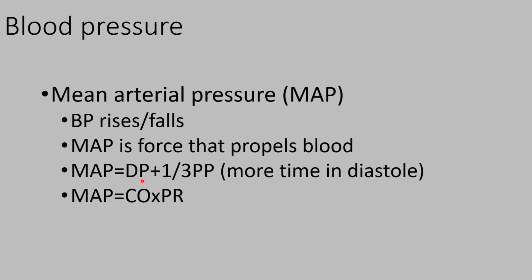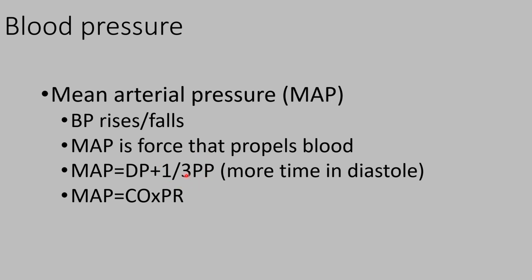Anytime that you calculate this, the most common mistake I see is students say diastolic pressure plus 1/3 pulse pressure, and the way that that works out is diastolic pressure plus pulse pressure over 3, and that does not give you the correct answer.